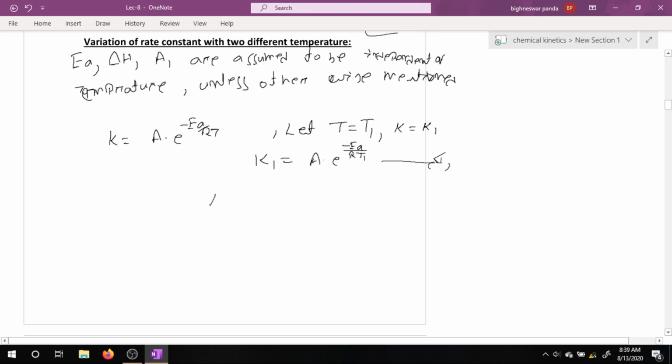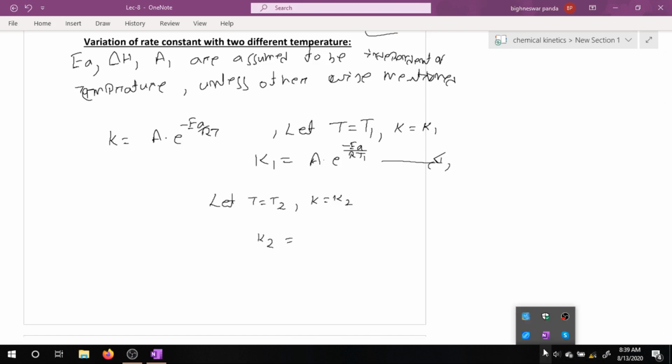Similarly, let T = T2, k = k2, so k2 = A e^(-Ea/RT2).